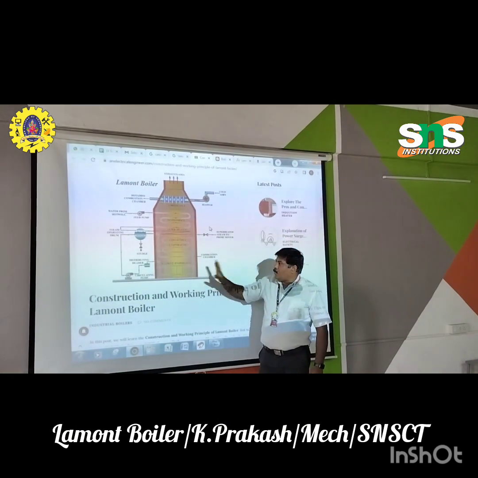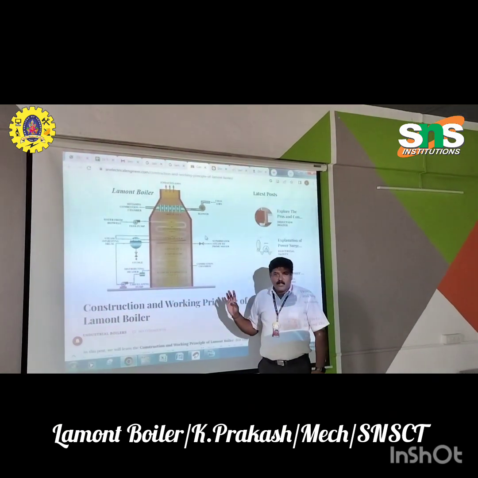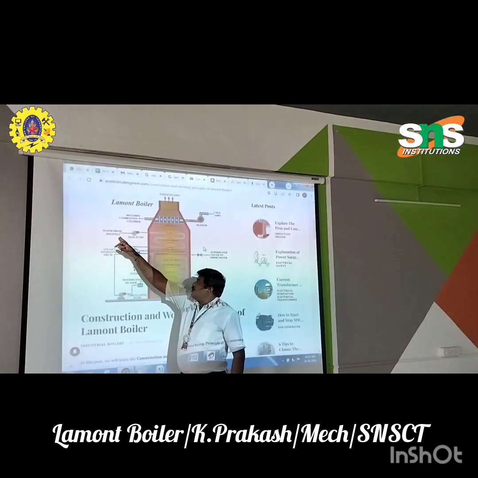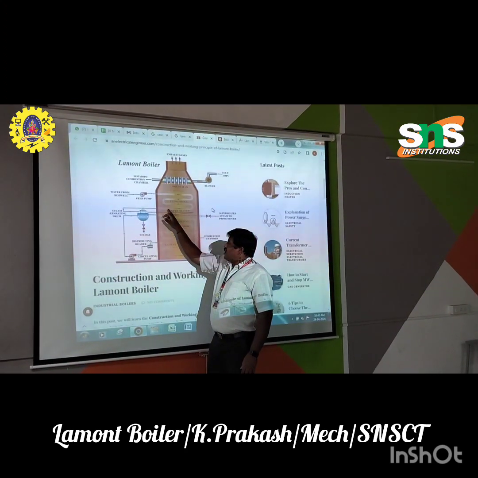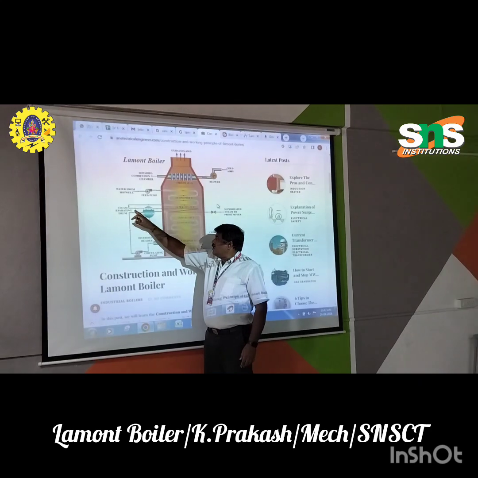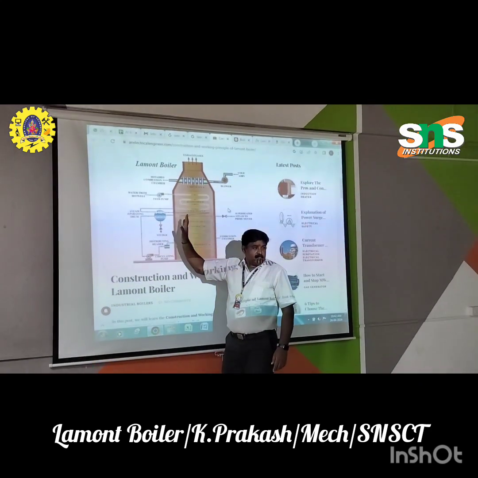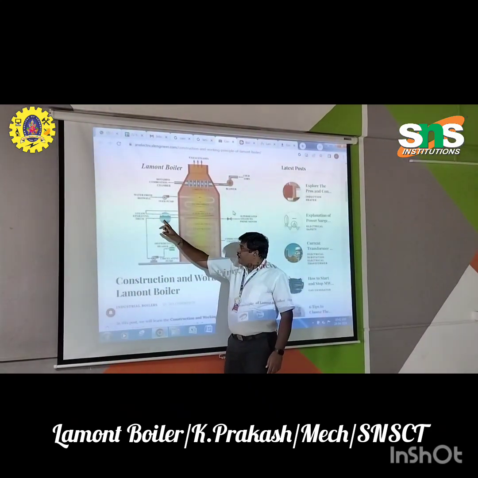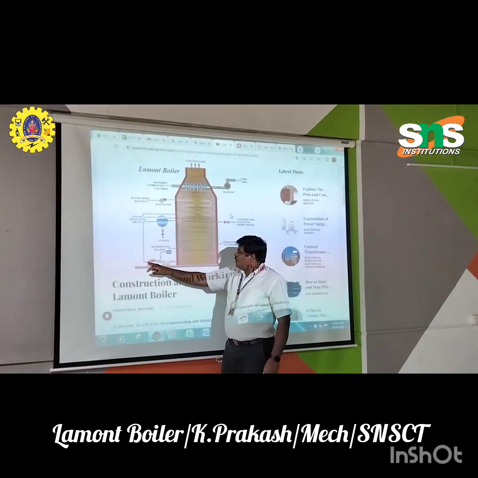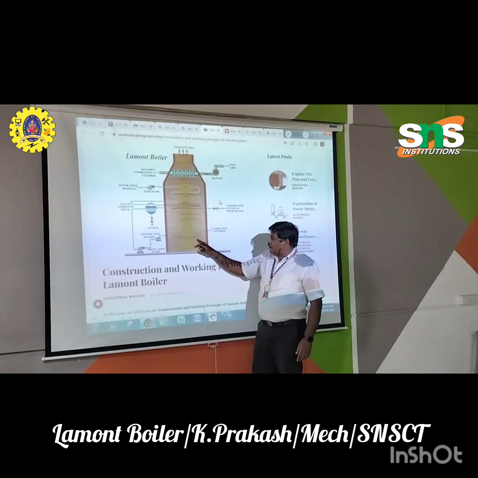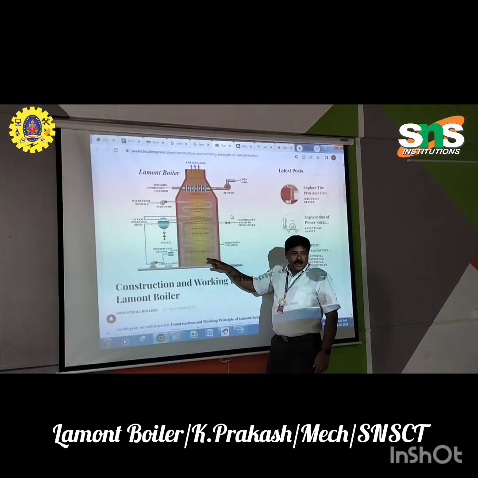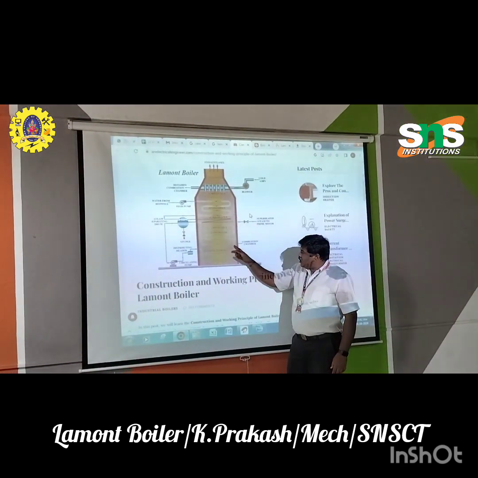Now in the Lamont boiler, the working principle is this. Water from the well is pumped here. The water is getting heated, and then comes here. It is preheated. Again the water is sent through a circulating pump to the distributing head to the evaporator. The water is getting converted into steam. Again this is reheated.